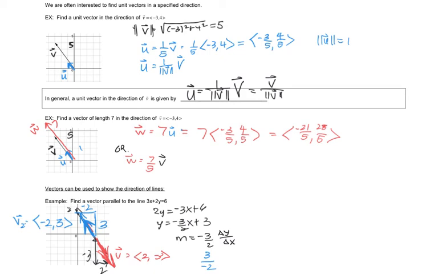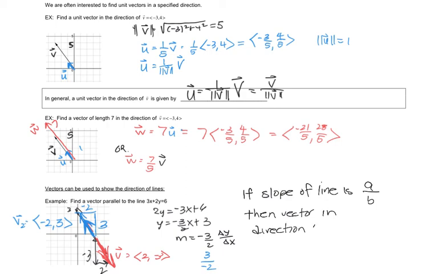So in general, if the slope of a line is, say, A over B, then a vector in the direction of that line, or you could think of it as parallel to that line, is change in y over change in x.